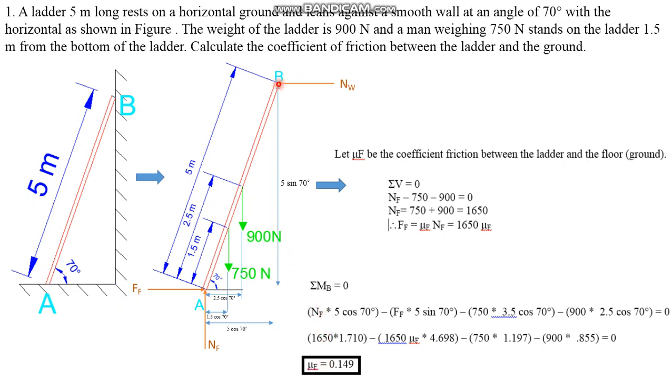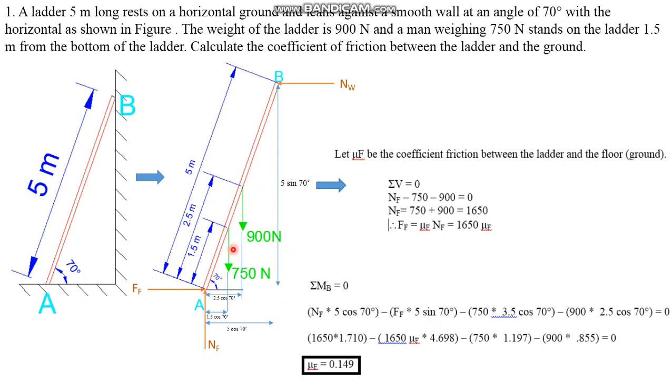First NF into this distance, 5 cos 70, and it produces a clockwise moment, so positive. Next FF into this distance, FF times 5 sin 70, and it produces an anti-clockwise moment, so negative.